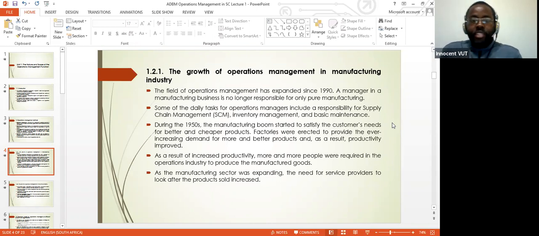During the 1950s, the manufacturing boom started to satisfy the customers' needs for better and cheaper products. Factories were erected to provide for the ever-increasing demand for more and better products, and as a result, productivity improved.